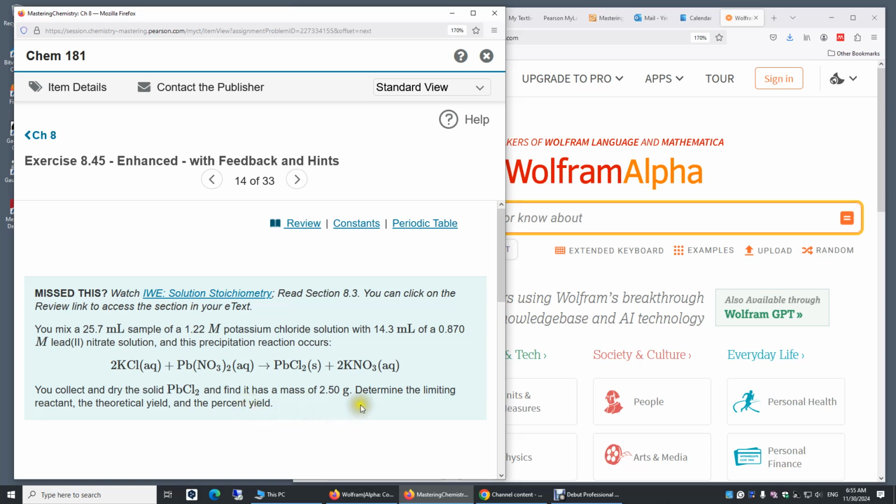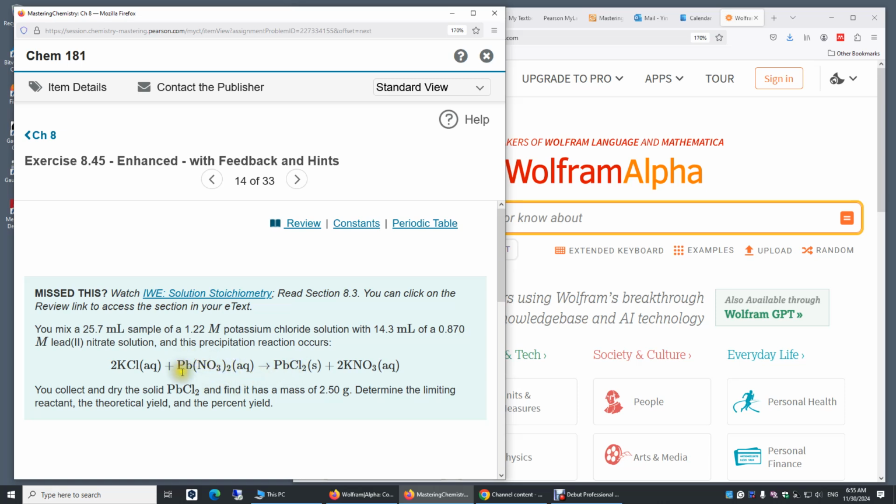There's a systematic way of determining the limiting reactant, which is to start from the number of moles of KCl and then divide by 2, we get the number of moles of lead chloride, assuming the other chemicals are in excess.